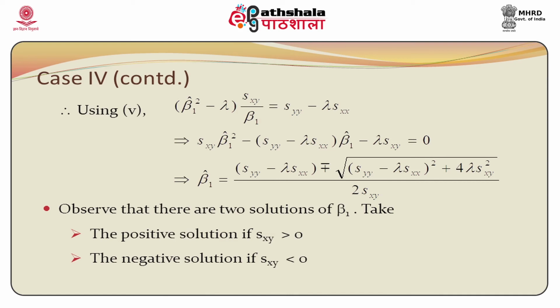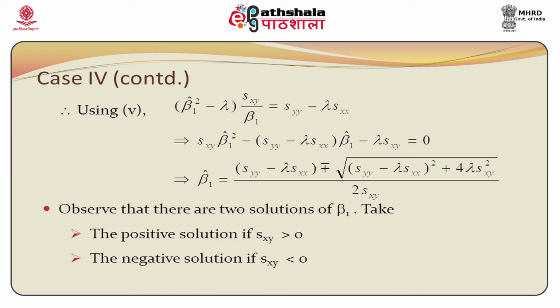This would imply that if you take the beta 1 in the denominator on the right hand side and bring all the terms to the left hand side, we have s x y into beta 1 square minus (s y y minus lambda s x x) whole thing into beta 1 minus lambda s x y, which is equal to 0. So, you notice that this is a quadratic in beta 1, and we can solve this quadratic.